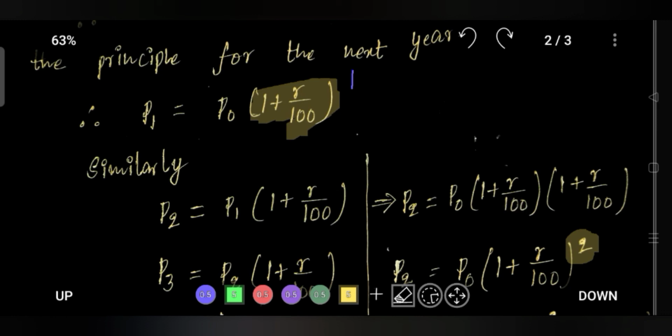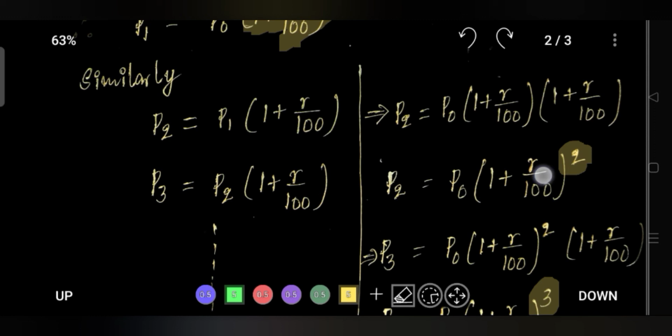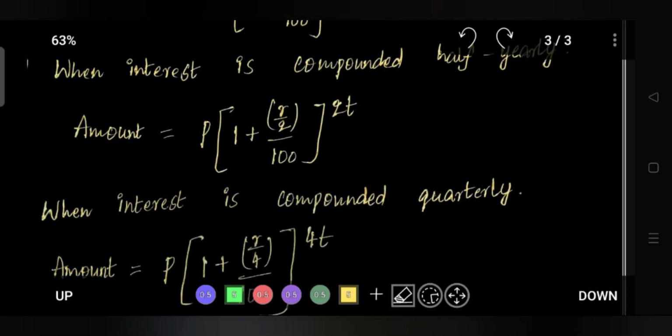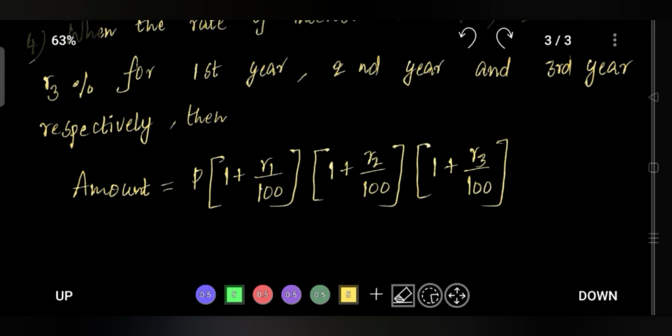Since the rate is the same there, these two are multiplied together and we wrote it as 1 plus R by 100 whole to the power 2. But that is not happening here. Why? Because the rate of interest is different for every year.